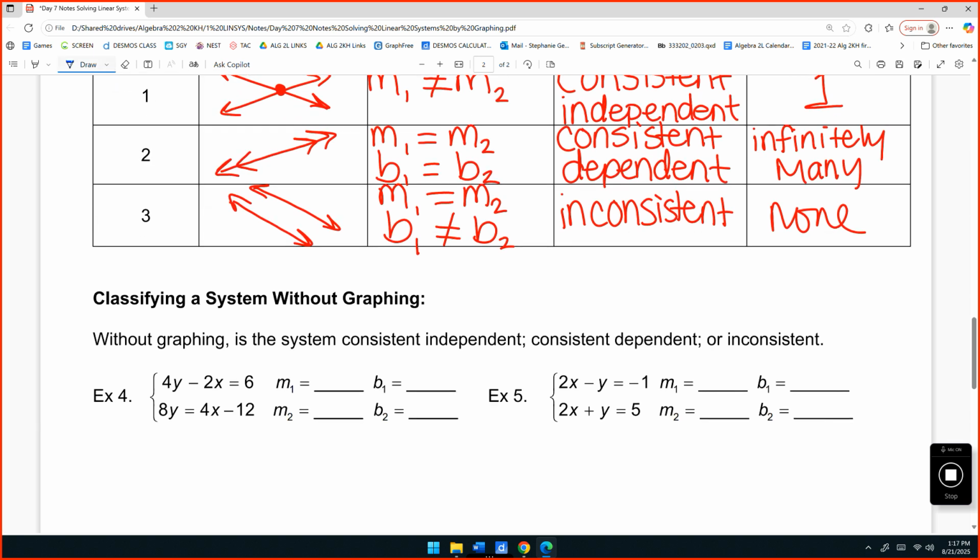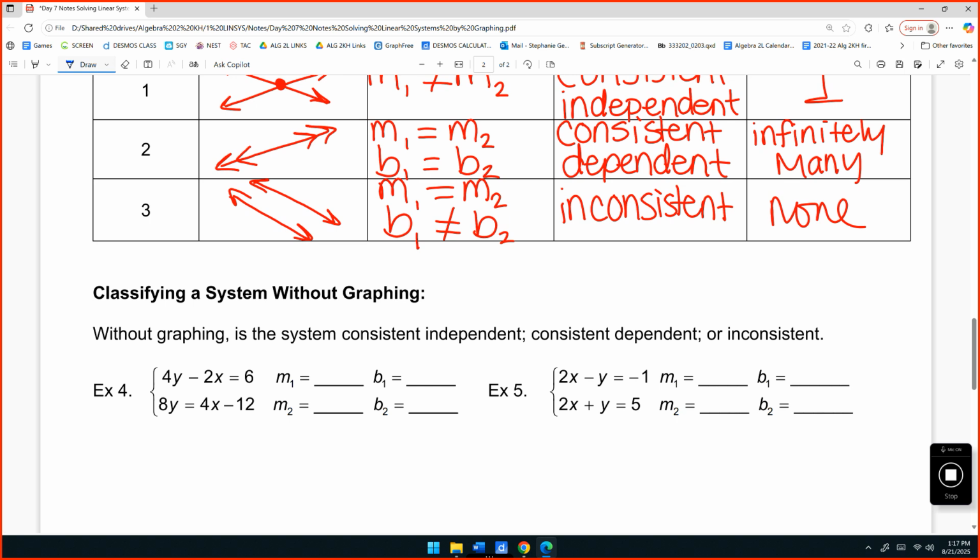All right, so if I go for this first one, at first sight, that sort of looks like standard form, but it's not, because x and y are switched. So I'm just going to put this in slope-intercept form. All I have to do is add 2x and then divide by 4.